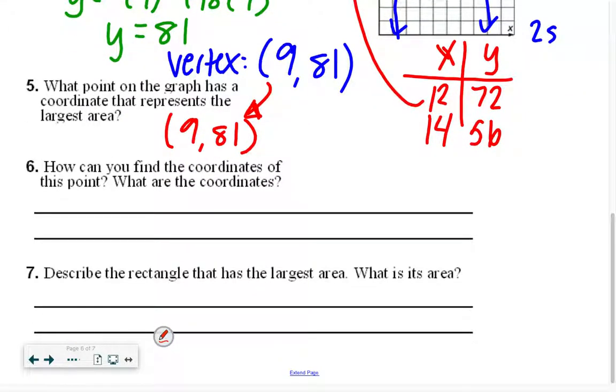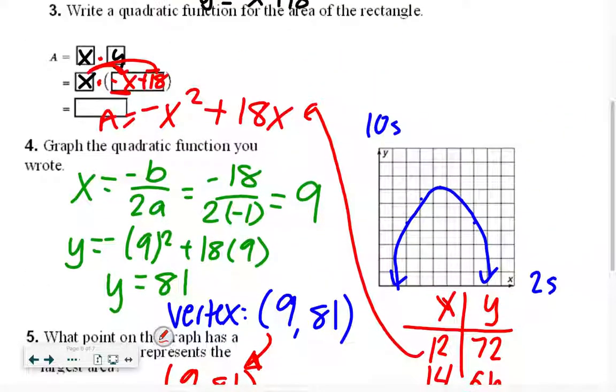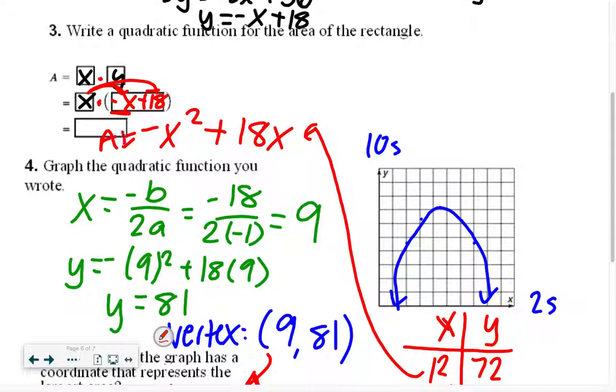Describe the rectangle that has the largest area. So the rectangle would be 9 by 81. What is that area? Or I'm sorry. Hold on, pause. Okay. This 81 was our y, right? What did y represent here?